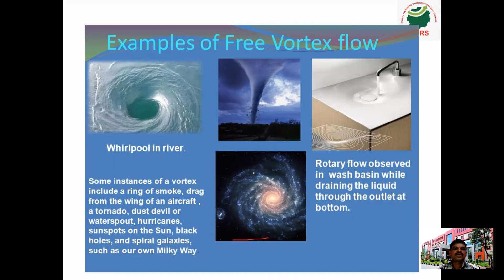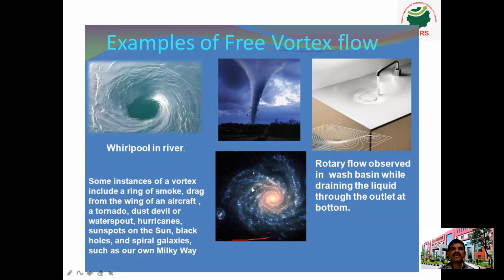You can see here in a sea or in a river, a whirlpool occurs. A whirlpool means there is a circular motion of the fluid. This is a twister, a cyclone is formed. No force is required, it forms automatically during the rainy or cyclone season. In the kitchen sink, a free vortex occurs.